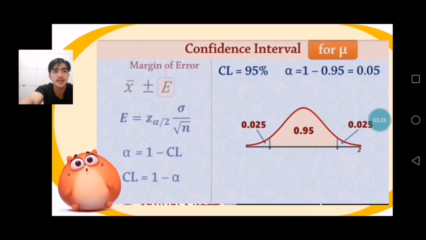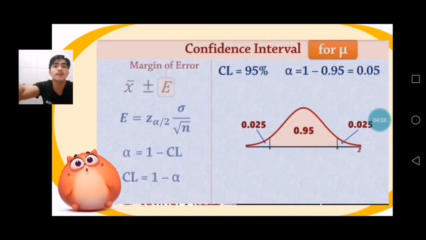Here, x bar is the point estimate, and the margin of error E is Z alpha over 2 times sigma divided by square root of n, where alpha is the significance level, that is, 1 minus the confidence level. Correspondingly, the confidence level is 1 minus alpha.